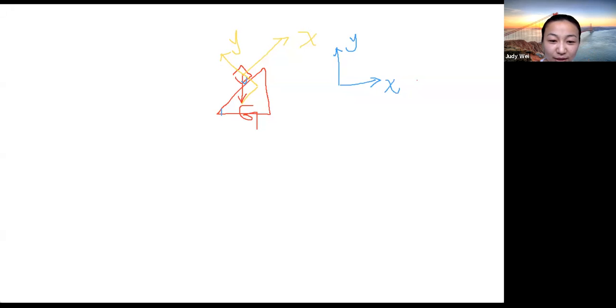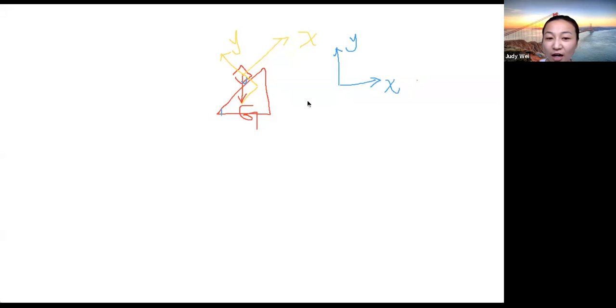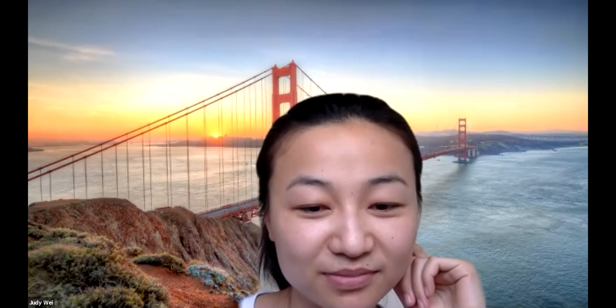I don't think the lab due date is extended. Wait, what do you mean? The due date is not extended, but if you are late for 1 or 2 days, it should be okay.